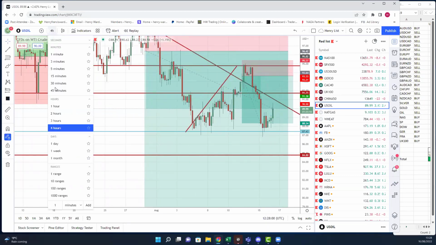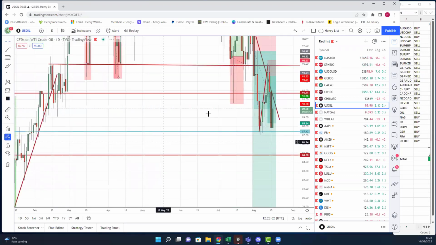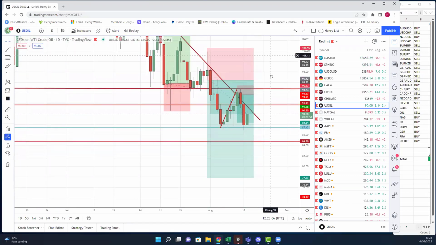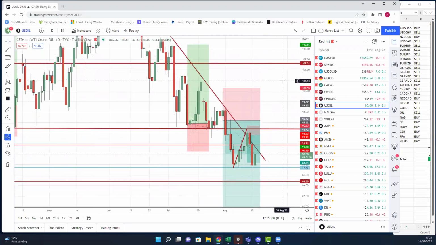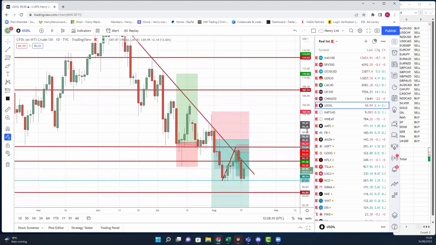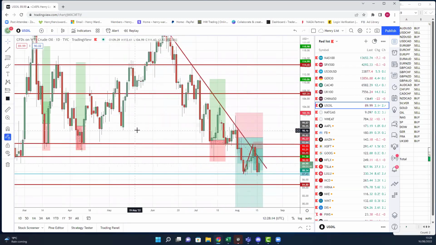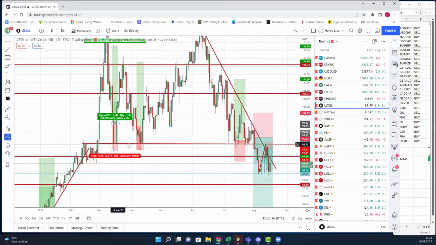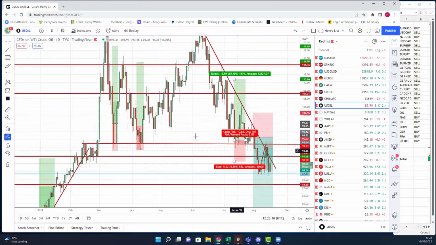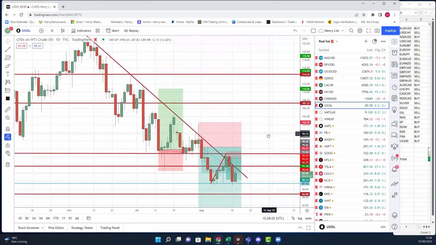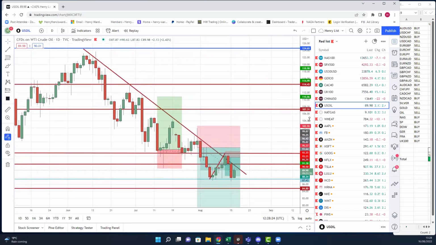Well done if you did. Wouldn't have been a trade that I would have taken, but again, look, it comes back to that trend line, comes back into that area, comes back to that zone, hits this sort of ceiling, this 1, 2, 3, 4, 5, 6, and then drops. Well done if you've taken it. Good trade.